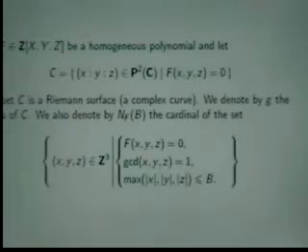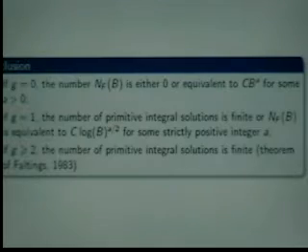It was at the bottom. So N_F(B) is the number of (x, y, z) in Z cubed such that the gcd is equal to 1, and the maximum of the coordinates is less than B. So, if the genus is 0, the number is either 0 or equivalent to C B, with some strictly positive real number C.